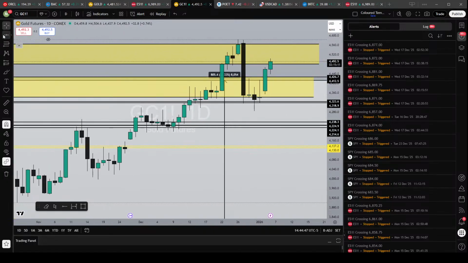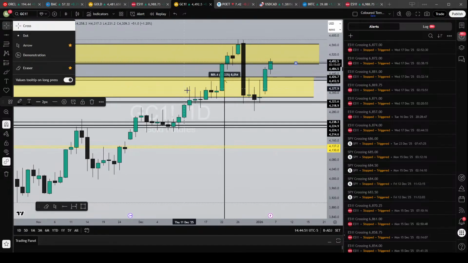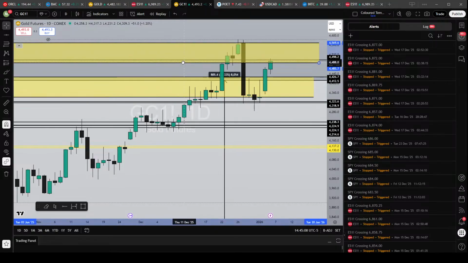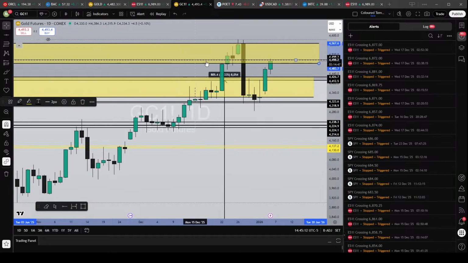And then we can measure off the actual high range too, using the areas that actually occurred when they had this structure break over our 4,426.7 spot, and off 4,492.70, or what is this, 4,484.50.